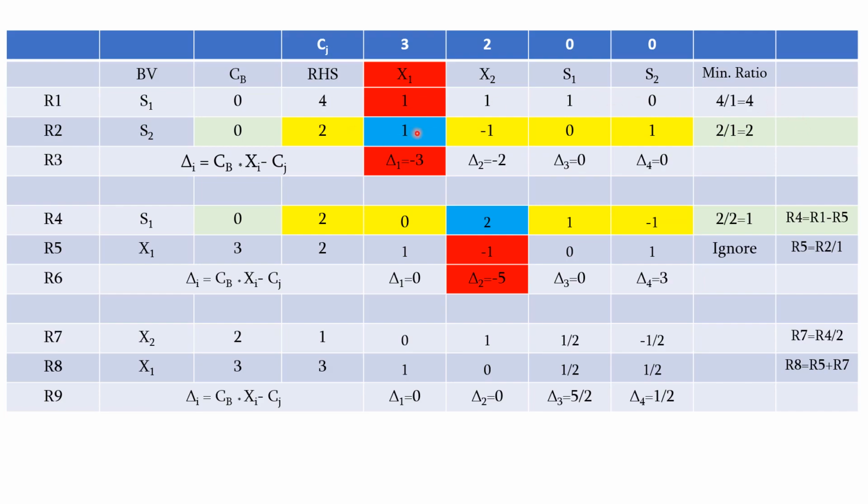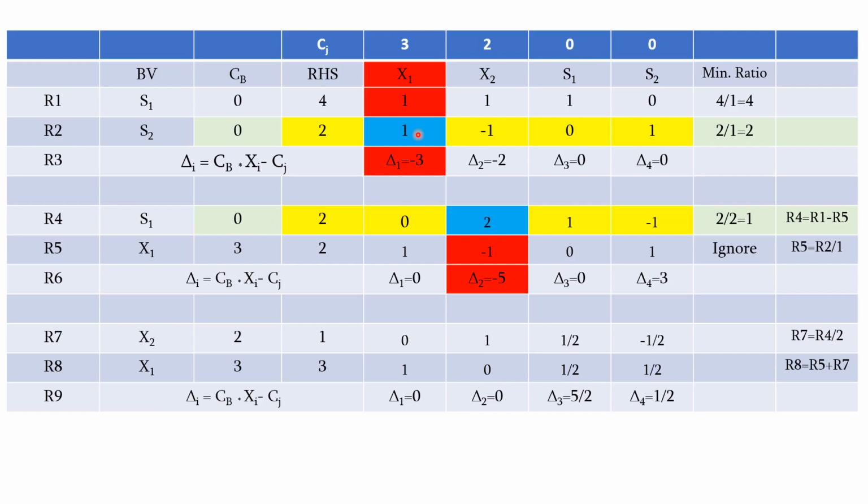Next, 2 divided by the corresponding element in the pivotal column, that is 1, is equal to 2. Between 4 and 2, which is minimum? 2 is the minimum, so this is the pivotal row. Whichever I have written in yellow is called the pivotal row. The intersection of the pivotal row and the pivotal column is called the pivot element or pivotal element.